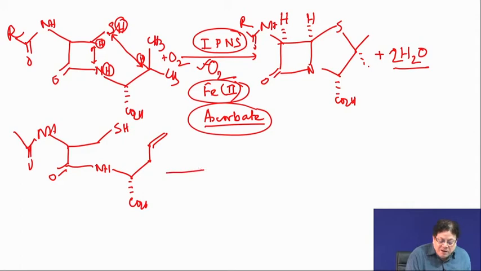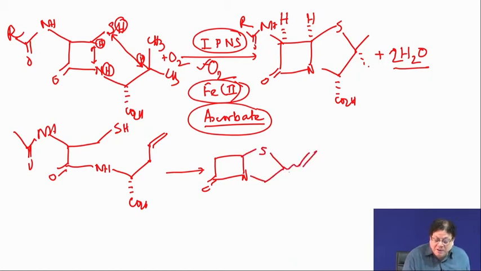The question is, if this is accepted as a substrate, then I get a new penicillin which is entirely different from the penicillin that bacteria used to make, right. So, you will get a vinyl penicillin now.